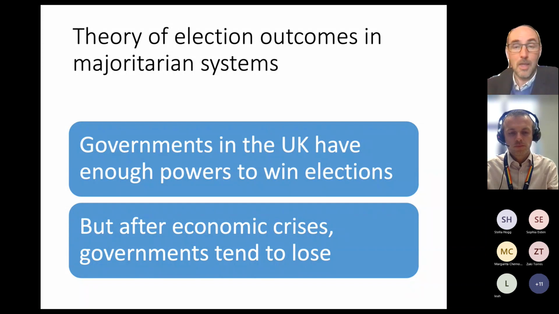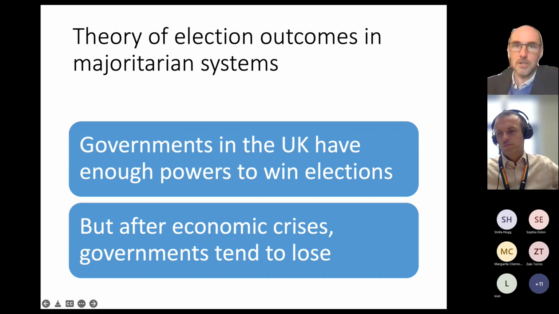Sometimes they mess up, and sometimes things go wrong out of no particular fault of their own. You get international banking crises that cause huge recessions or economic crises of some other kind, and the government ends up being punished for things going wrong, whether or not it was their fault. And that is going to be the main complementary hypothesis. So we have governments winning, except when there's economic crisis, in which case they tend to lose.